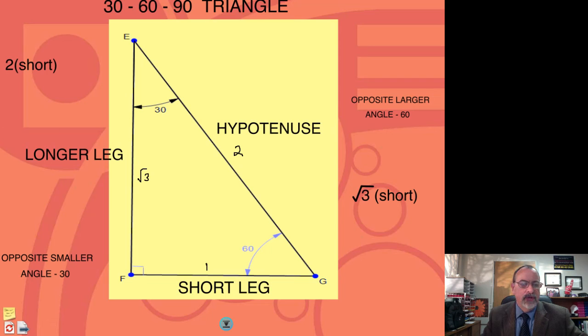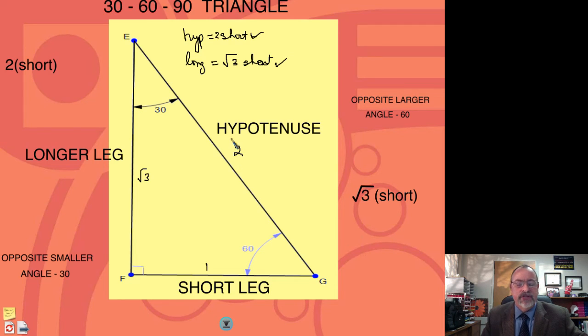So it's very important to remember these two relationships, that in a 30, 60, 90, the hypotenuse is always 2 times the shorter. And the longer of the two legs is always, not 2 times, excuse me, but radical 3 times the shorter. Notice both of those are related to the shorter.